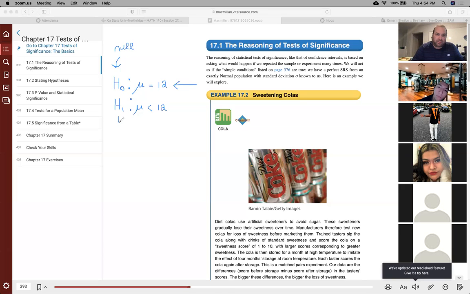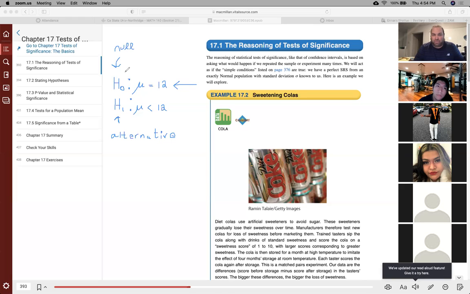And this here is the alternative hypothesis. Sometimes you'll see H0, sub-zero, and you'll see HA for alternative, but some books use H1. It could be HA or H1. But you have the null hypothesis, H0, and then you have the alternative hypothesis.